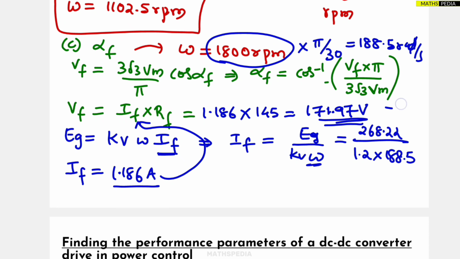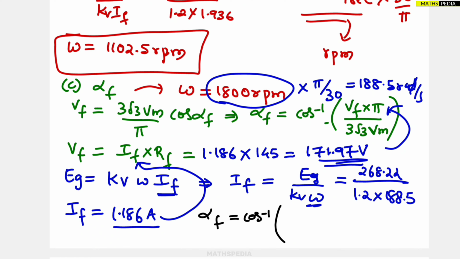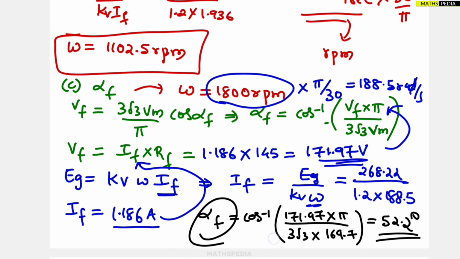Then you have to substitute in this formula to get alpha F. So alpha F becomes cos inverse of VF, 171.97, into pi divided by 3 root 3 into Vm, which is 169.7. You will be getting alpha F in degrees, which is equal to 52.2 degrees. So alpha F also you got.